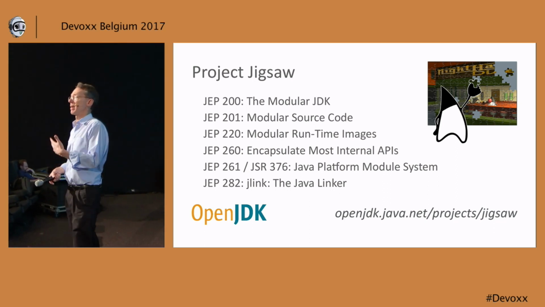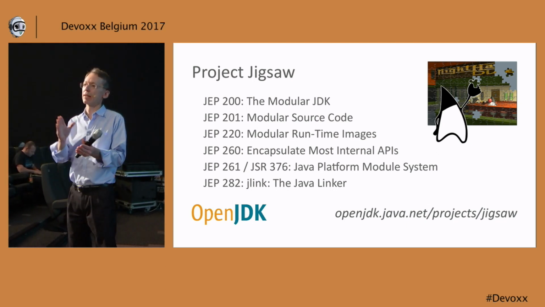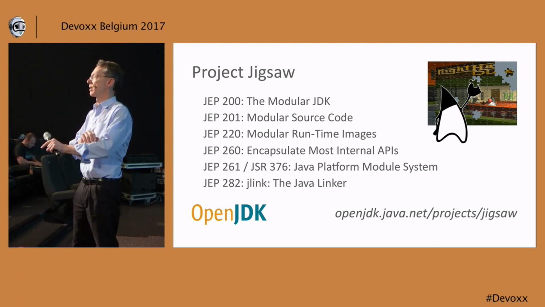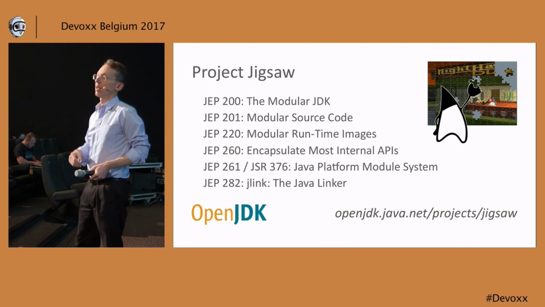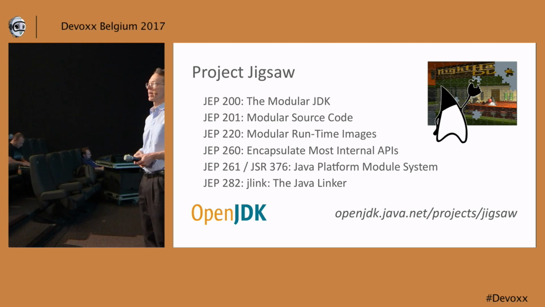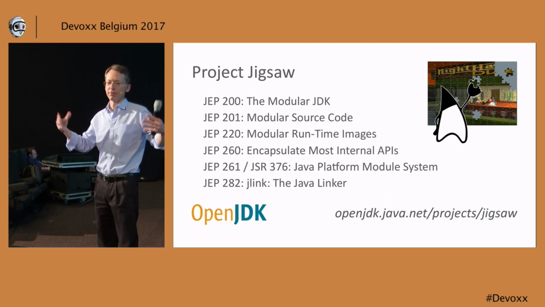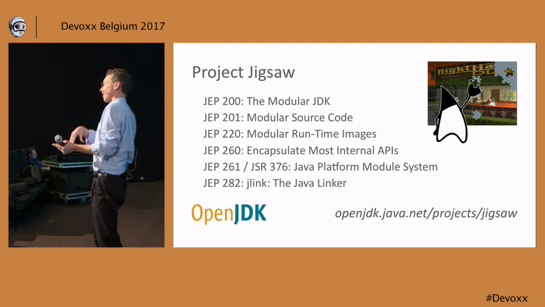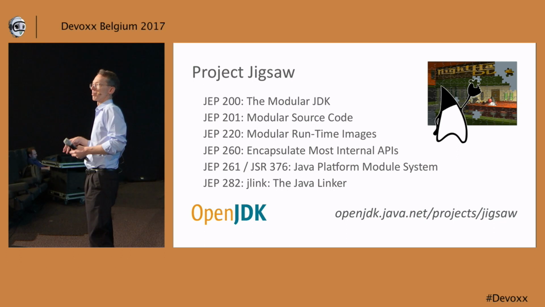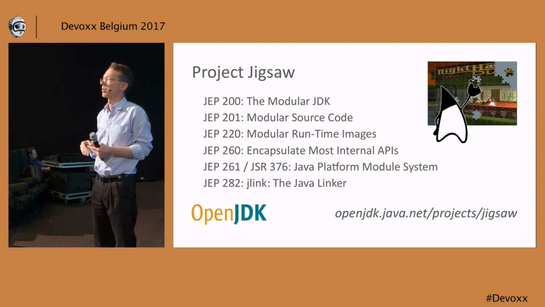You can also export a package to a specific module or set of named modules, so you can constrain the accessibility of what it is that you're making available. And we actually use that a lot in the JDK modules themselves, because we started off with this huge complex monolithic system with lots of bizarre dependencies, some of which we just couldn't get rid of.